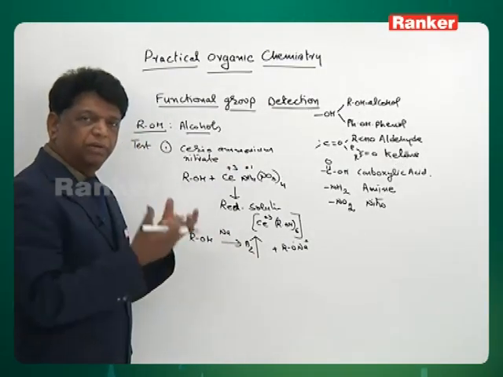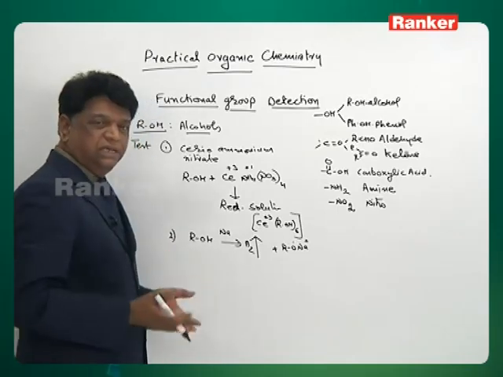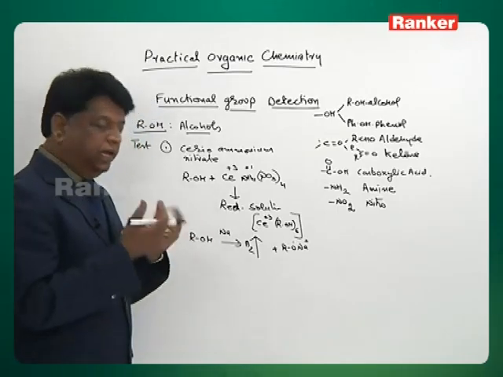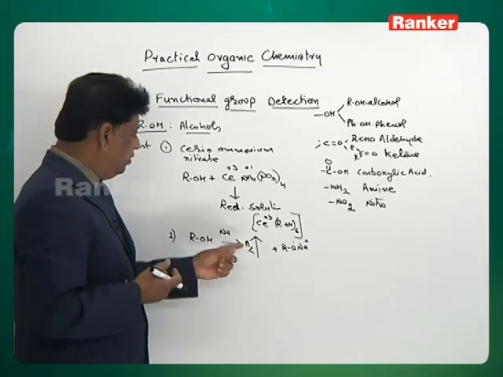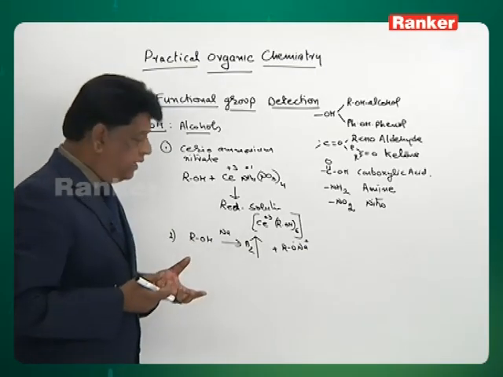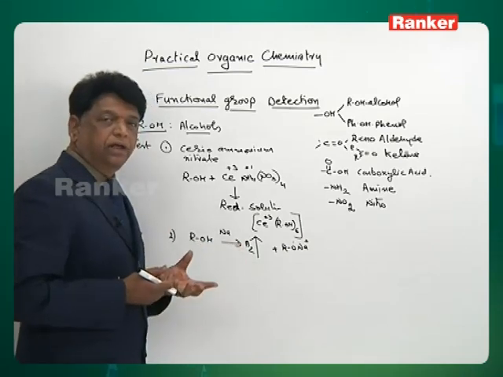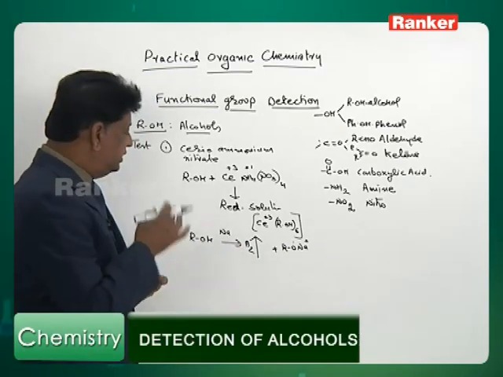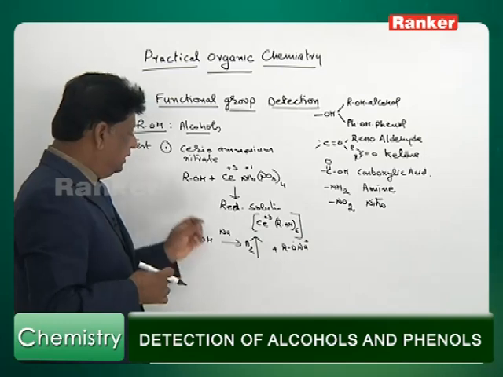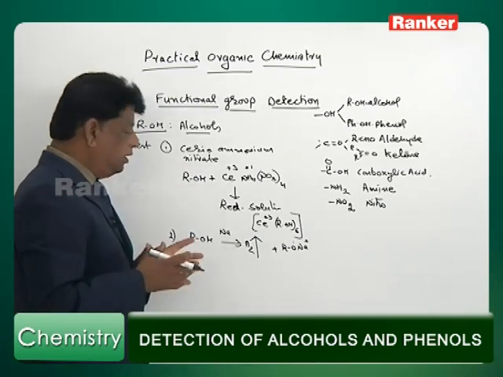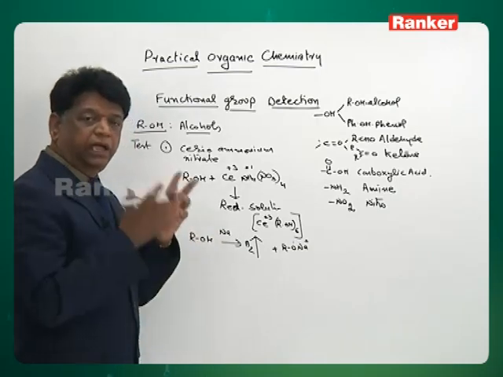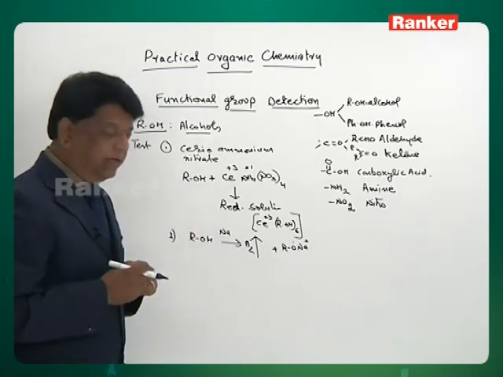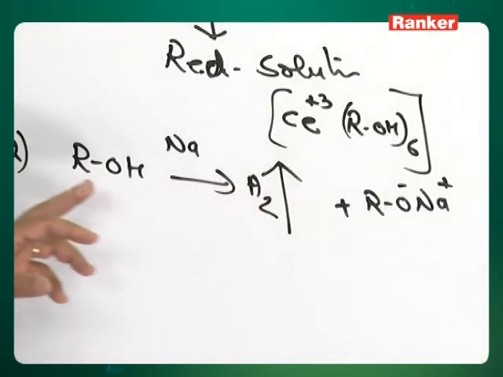It looks like boiling, reacting vigorously with the sodium and giving out hydrogen. You can check with a burning matchstick: carbon dioxide ceases the flame, whereas hydrogen enhances the brightness of the flame. That confirms the liberation of hydrogen.